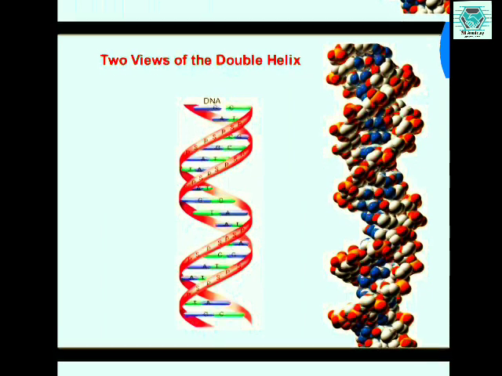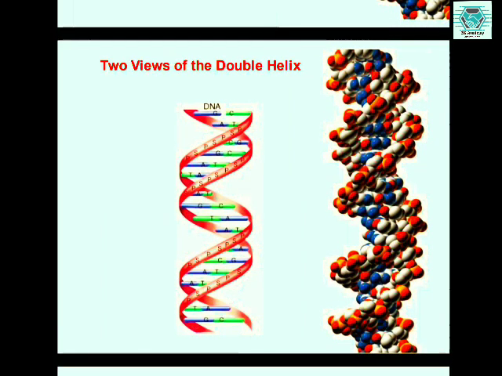Now see the DNA overview. DNA is made up of basically 4 bases. 2 are purine, 2 are pyrimidine in nature. This is a double-stranded structure, 2 strands are present.